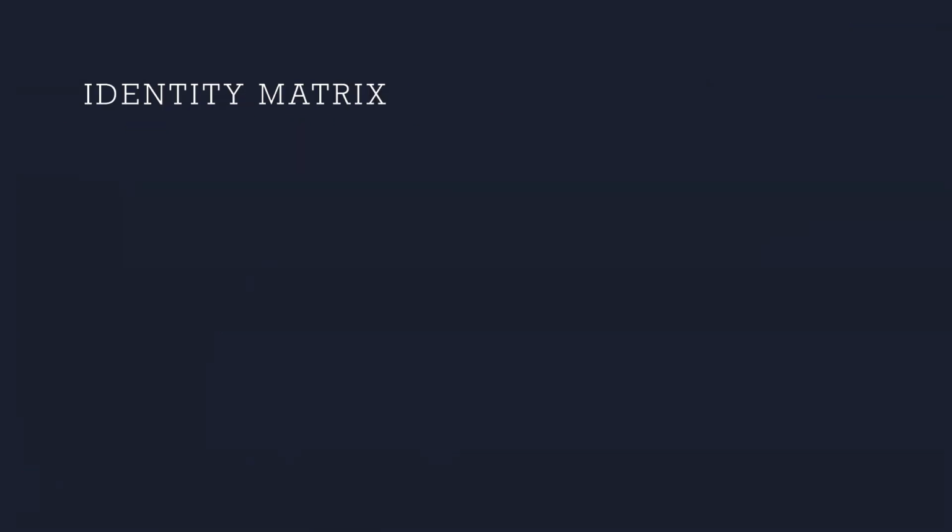We're familiar with the fact that 1 times any number A, in either direction, gives us A back. So multiplying by 1 doesn't change anything. And over real numbers, we call the number 1 the identity for multiplication.